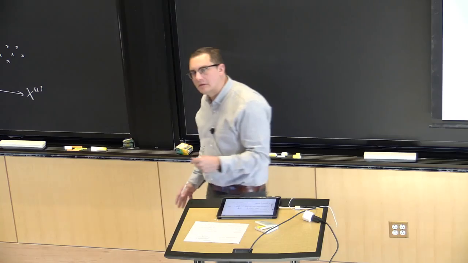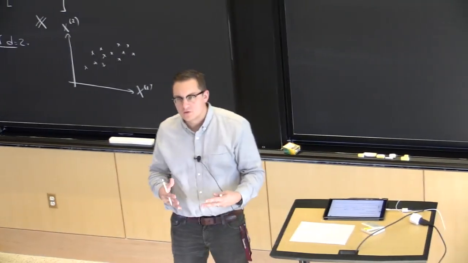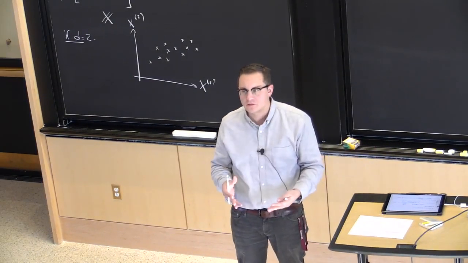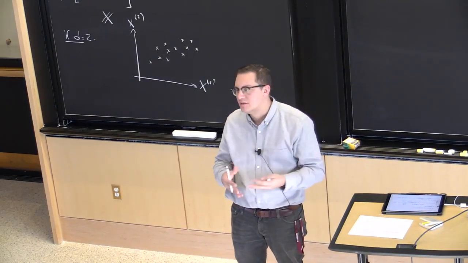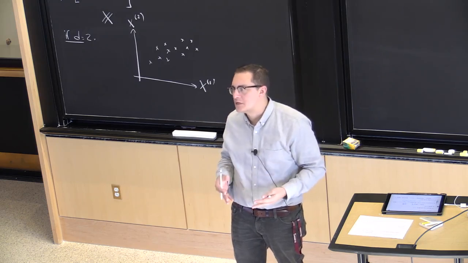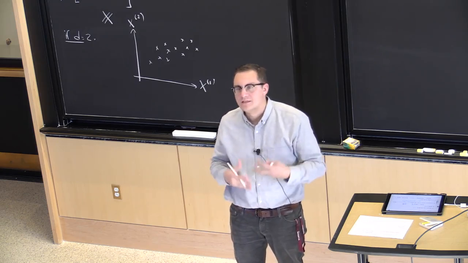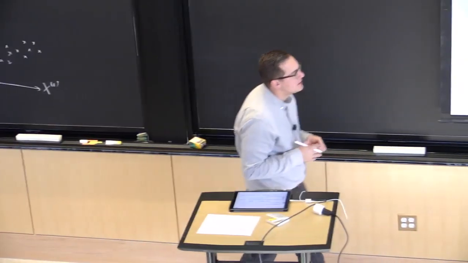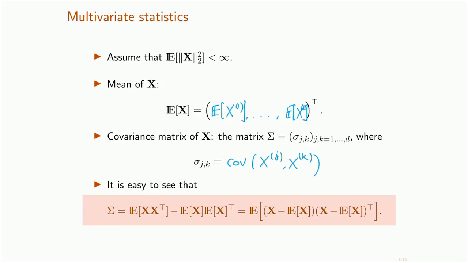Now, if I'm going to go to vectors, so here I have a vector and I form from it a matrix, which is my covariance matrix. But the way I describe this matrix is kind of useless because I describe it coordinate by coordinate. It would be nice if I could actually just tell you as a vector what it is. And so there's a matrix form for the covariance matrix, which is the following. So let's see what it is.